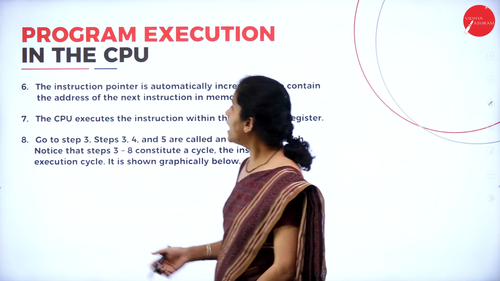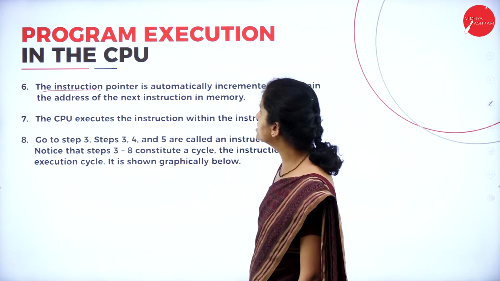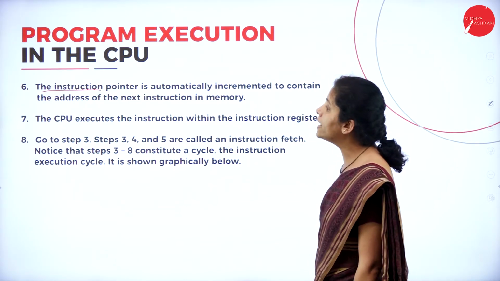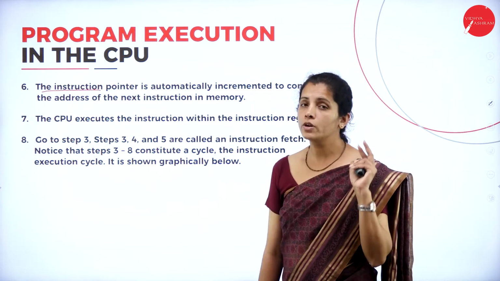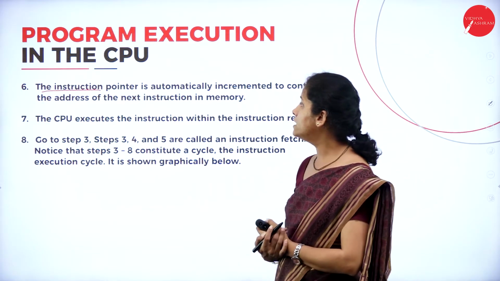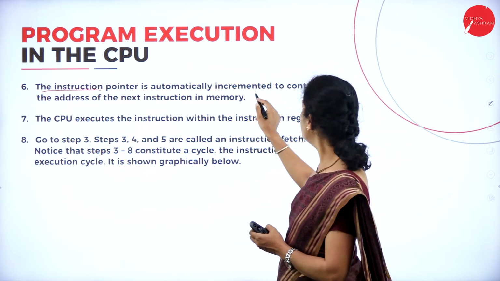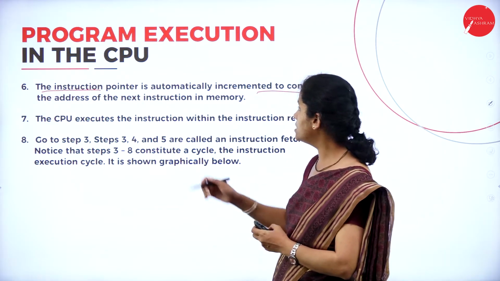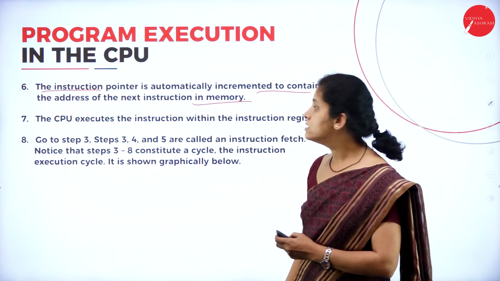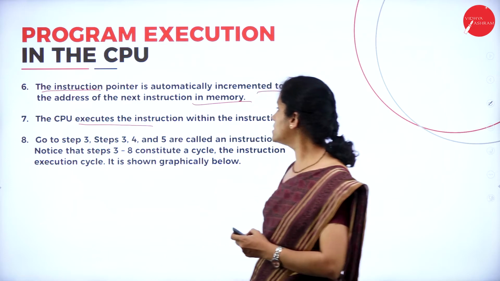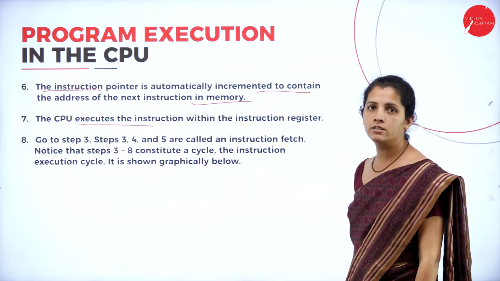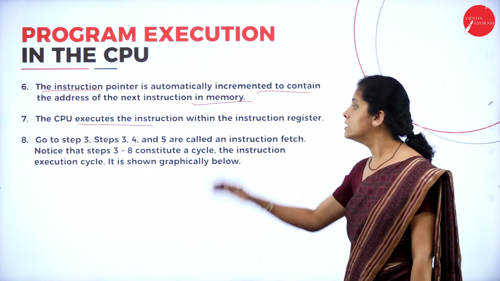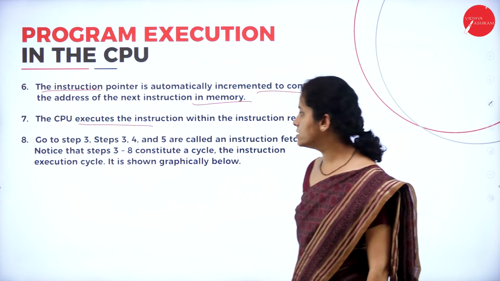Here the instruction register or instruction pointer is automatically incremented to contain the address of the next instruction in the memory, and the CPU executes the instruction within the instruction register. Now, the job of the CPU is to execute the instruction that is within the instruction register.